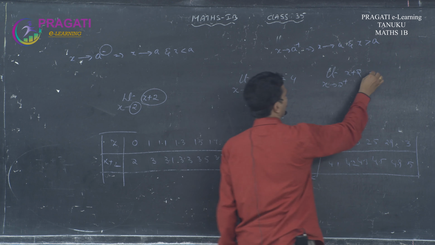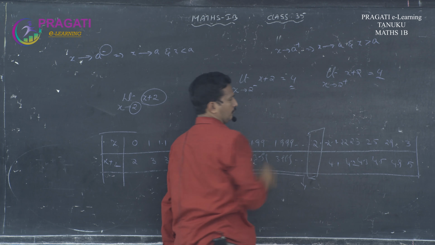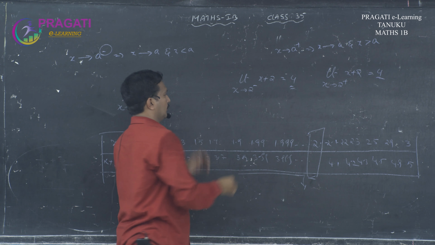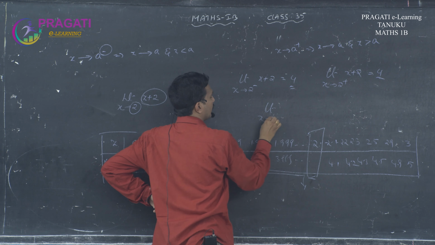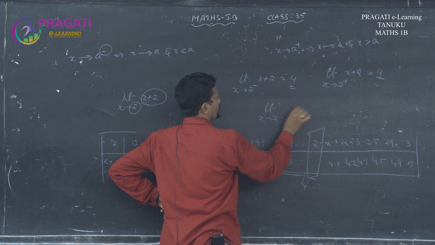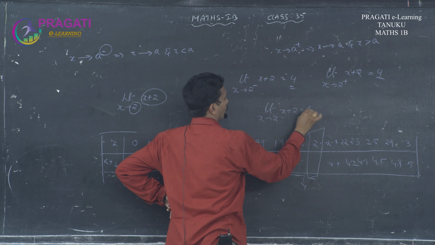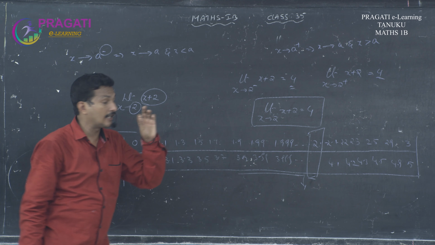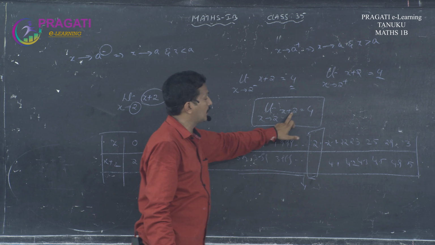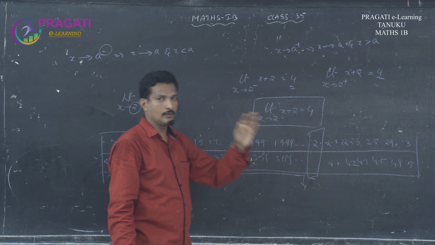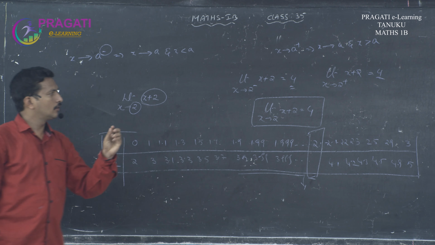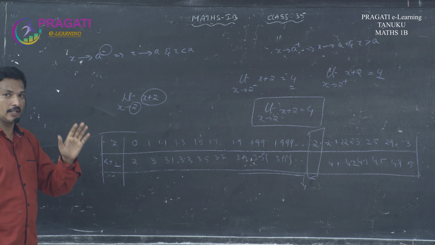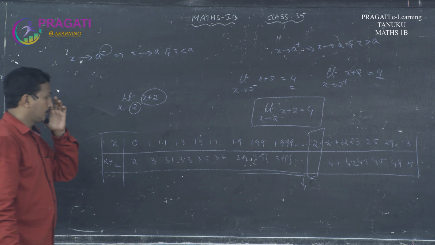So both are the same, then the limit will exist. That is, limit x tends to 2 of x plus 2 is equal to 4. It is a little difficult, but you can understand it again.